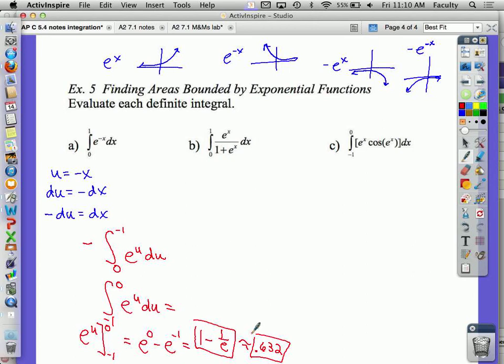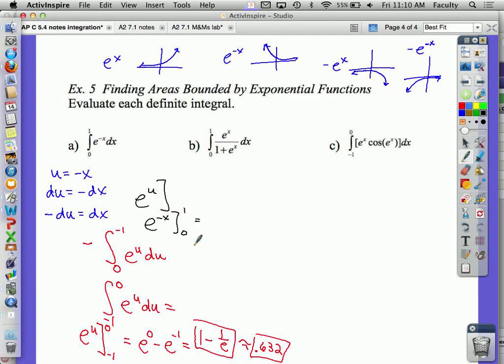I just kept the 0 to 1 and then had negative e to the negative x from 0 to 1. I'm not sure if you didn't hear me, but what I said is you can do it without the limits, and you could have your e to the u. But then you have to plug in your negative x and then go from 0 to 1.